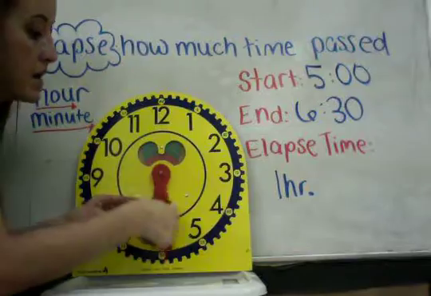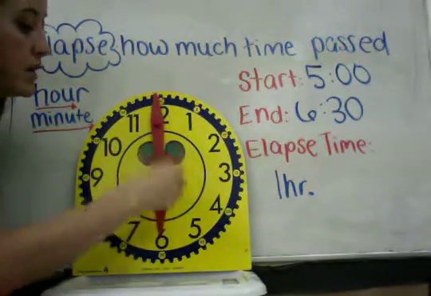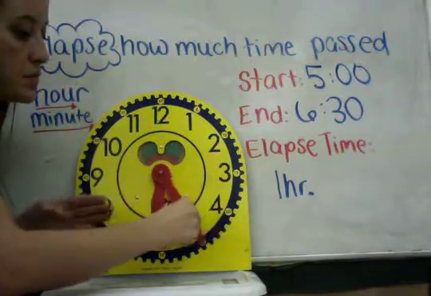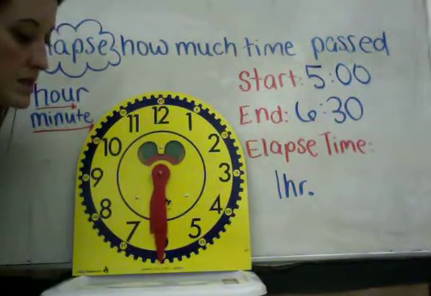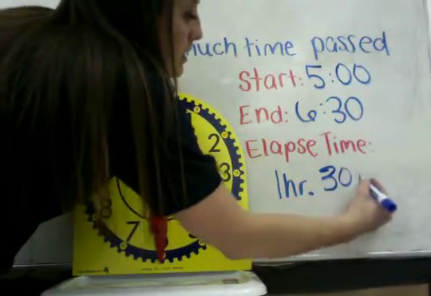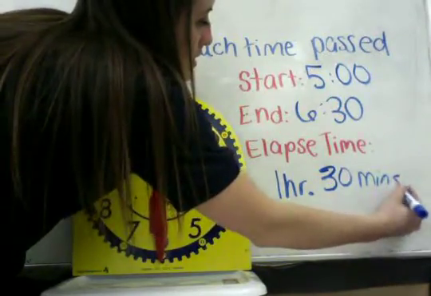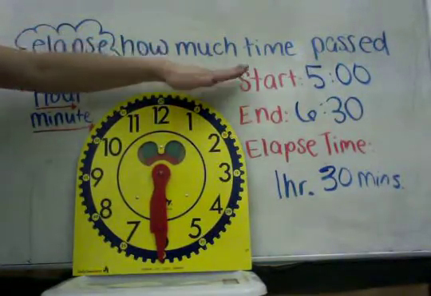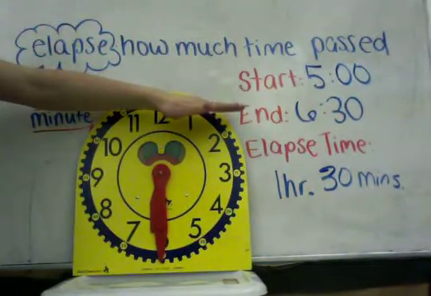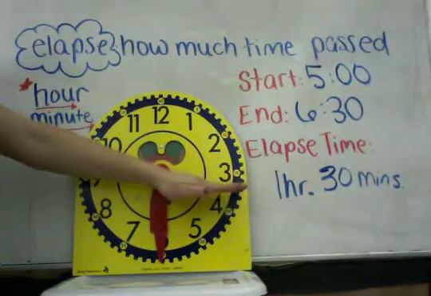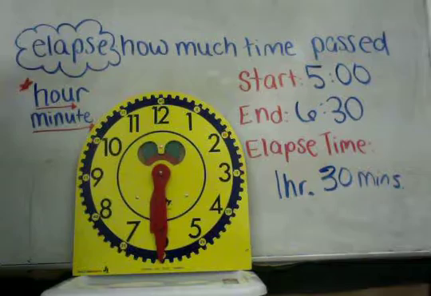From 6 o'clock, we went 5, 10, 15, 20, 25, 30 minutes. So if we started at 5 o'clock and Ronnie stopped playing football at 6:30, that means that he spent 1 hour and 30 minutes at football.